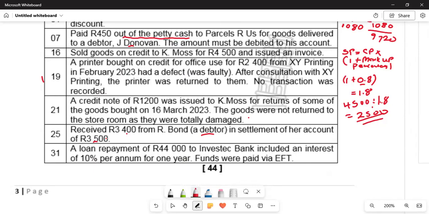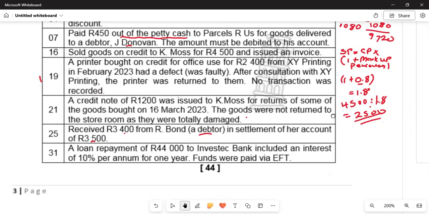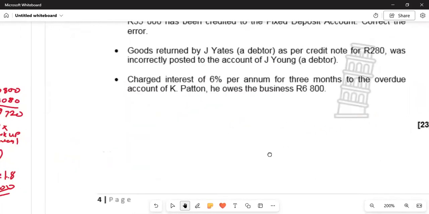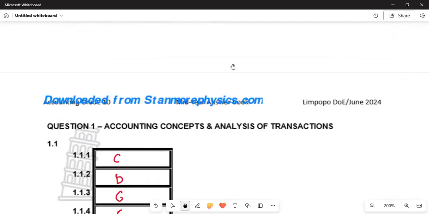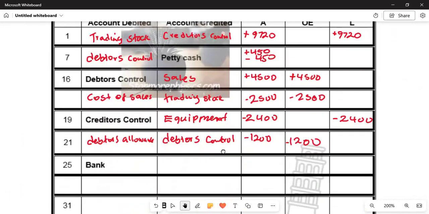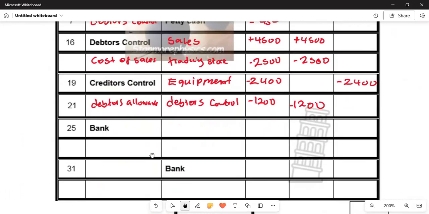So on the accounting equation, we are going to have what? Plus 3.4 as well as minus 3.4. Let's see how we are going to record it, and then we'll give clarification on it. Already we have bank as we are paid by the bank.